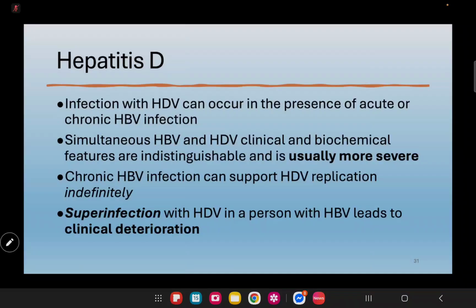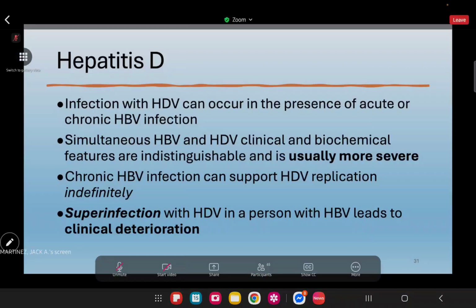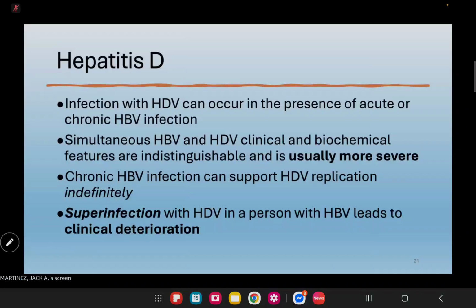So if you were asked, which is more dangerous? Is it the co-infection or the super infection? The answer is super infection because it increases the likelihood of fulminant hepatitis and even death. Okay, so more dangerous, super infection.